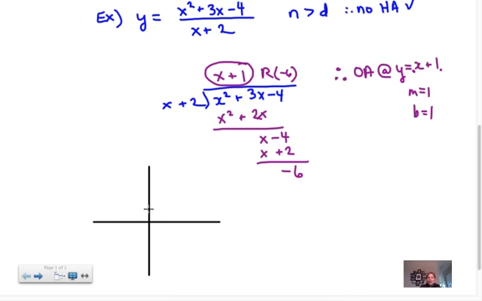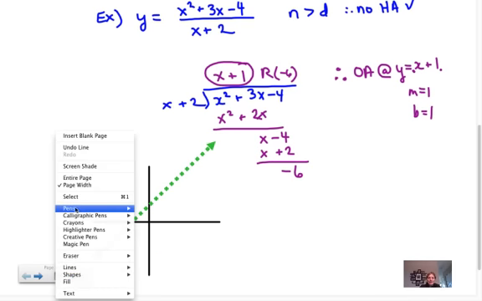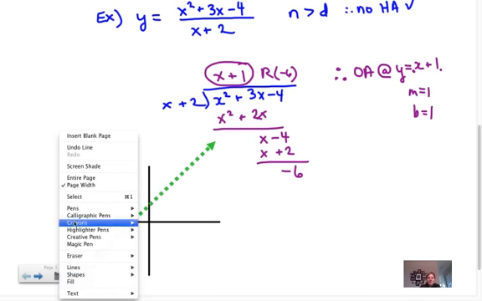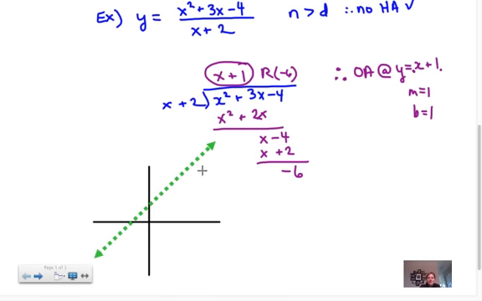And it's going to go at a slope of up 1 over 1, up 1 over 1. So it's going to do something like that. Okay? And of course I have to label it. So we're going to label it y is equal to x plus 1.